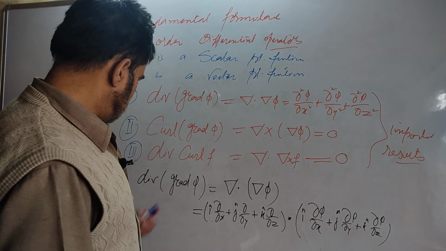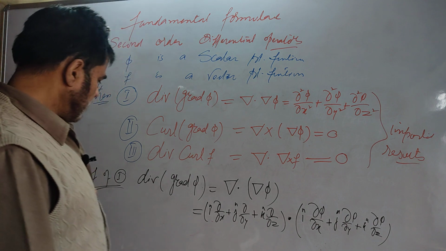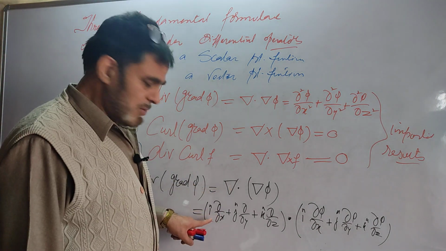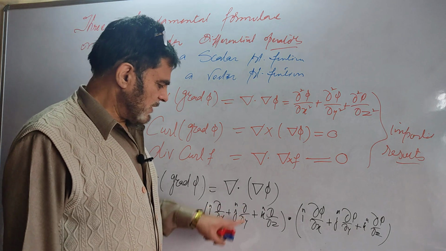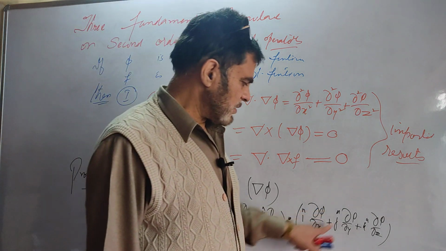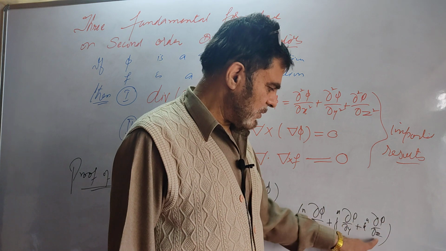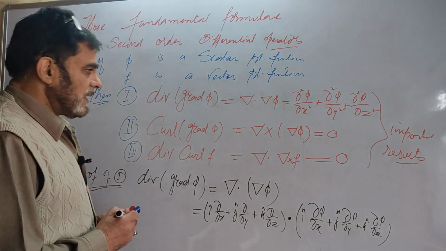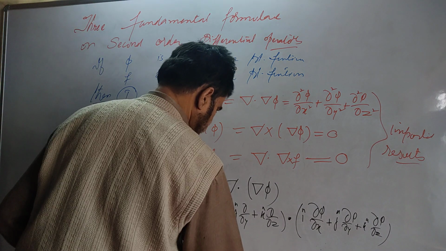I may mispronounce it. This is your dou by dou x, dou by dou y, dou by dou z, dou phi by dou x, dou phi by dou y, dou phi by dou z. This is your partial derivative.